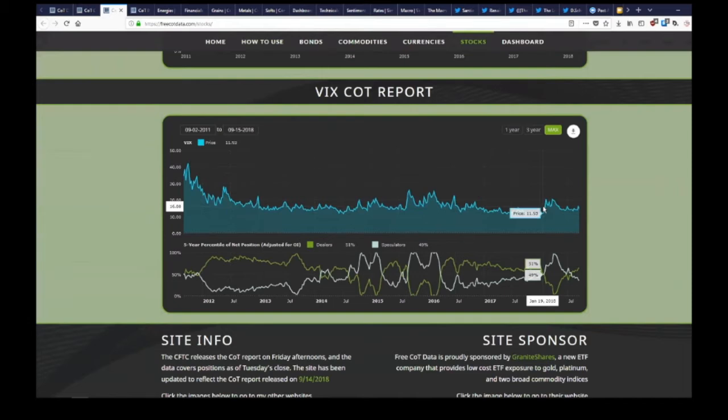But when you look at the dollar amount of spec positioning, they were net short around 350 million. And now they're actually net short a lot more than that. They're net short $1 billion. So the takeaway is that speculators are more net short VIX futures now than they were in late January before that trade blew up. And so that's probably worth keeping an eye on.